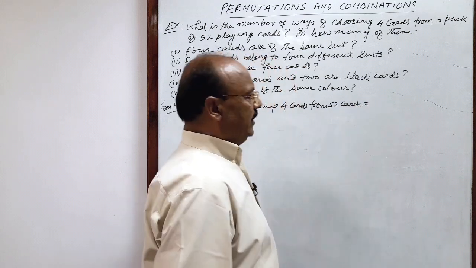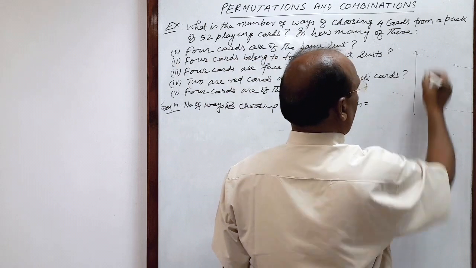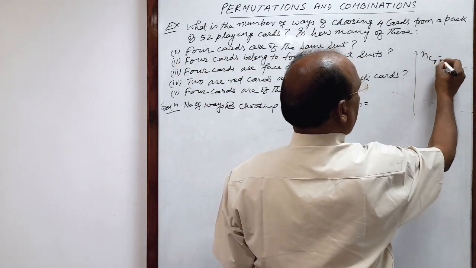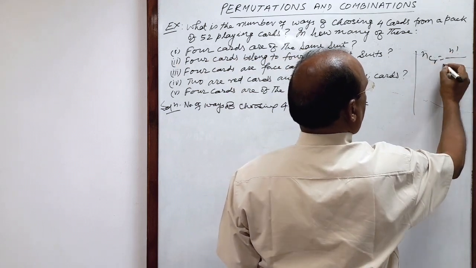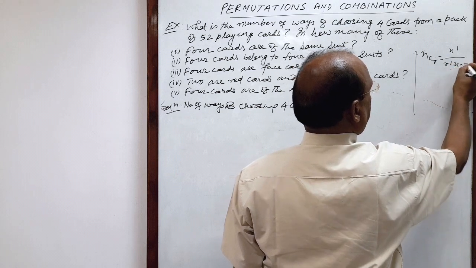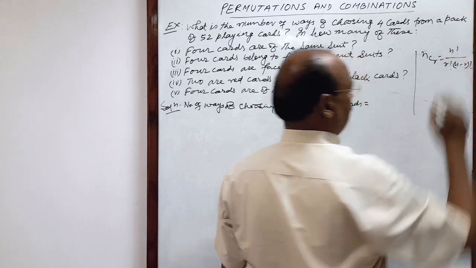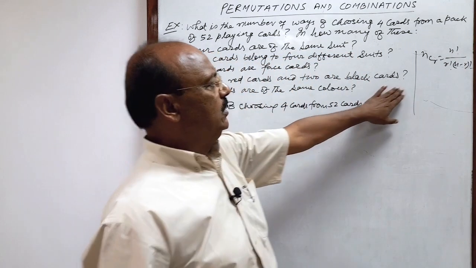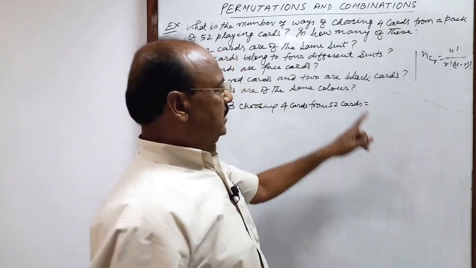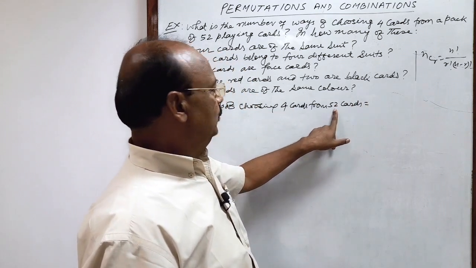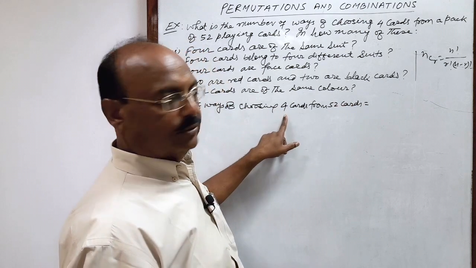You know, try to recall the formula here. We know the formula nCr is n factorial by r factorial into n minus r whole factorial. So we have to use this formula here. In this case, n is 52 and r is 4.